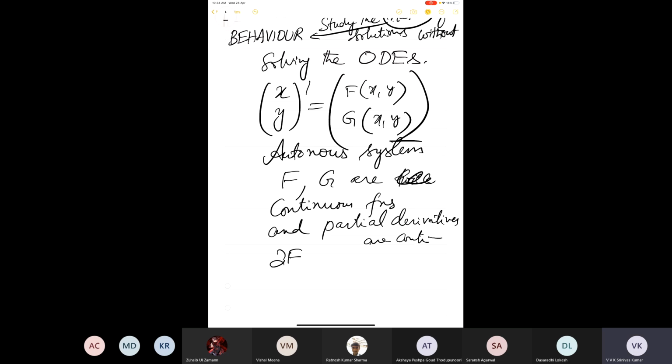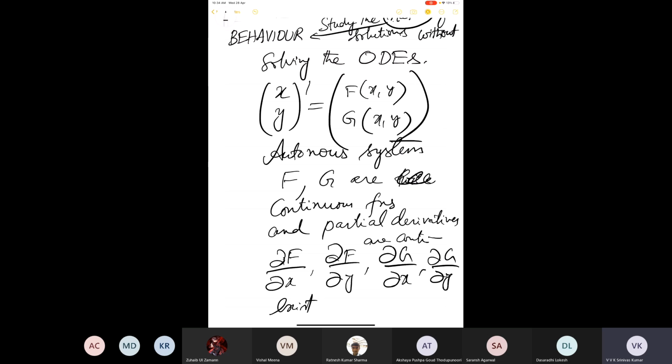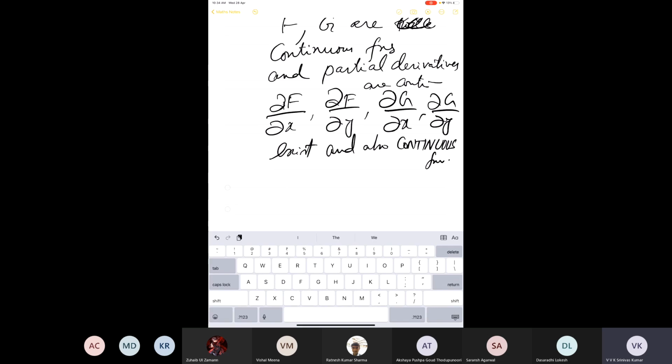That is, del f by del x, del f by del y, del g by del x, del g by del y exist and are also continuous functions. So f and g are continuously differentiable vector functions.